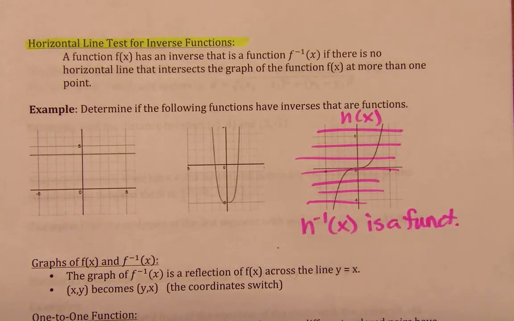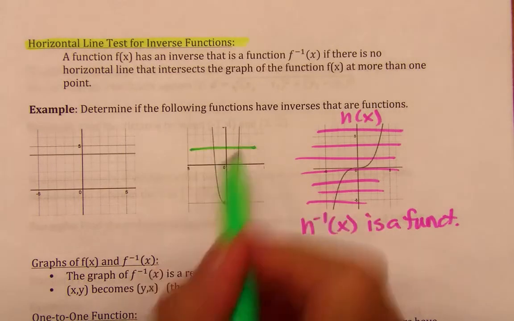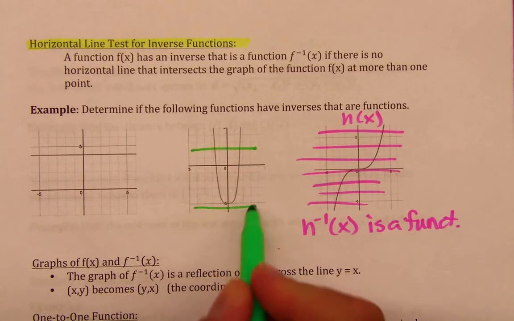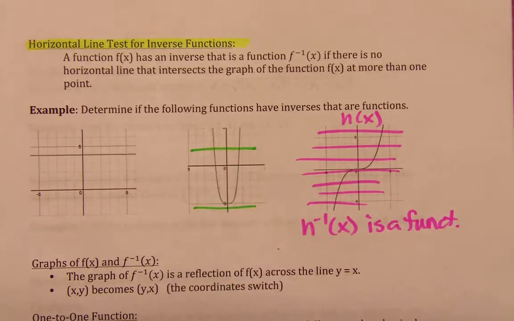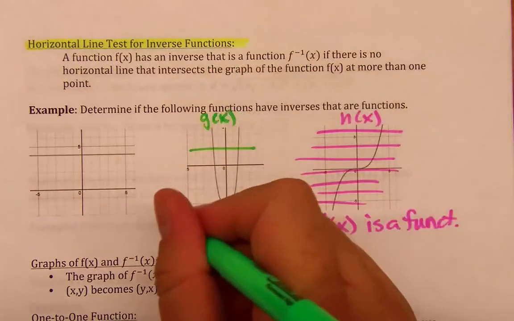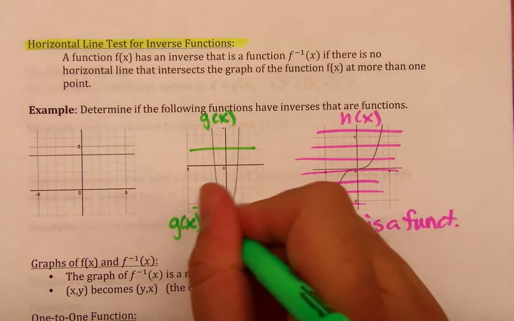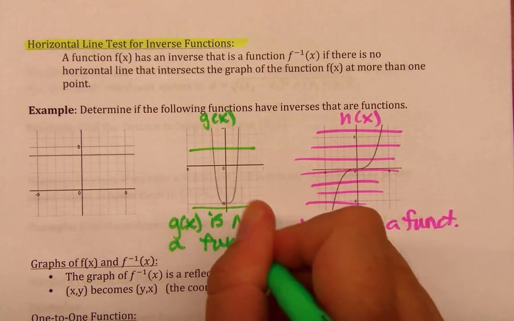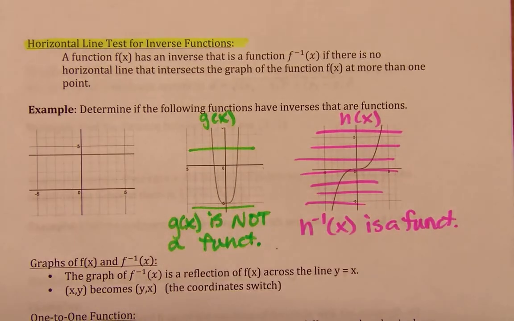Okay. Looking at the next one, all I need to do is draw one horizontal line to know that it hits twice. Even if I drew it way down here, that doesn't matter. Every horizontal line has to work. And so we'll call this g of x. And this means inverse g of x is not a function. Okay.